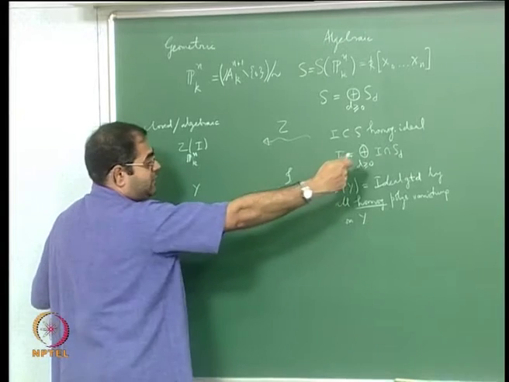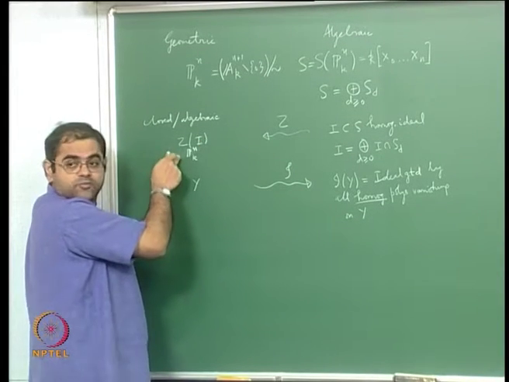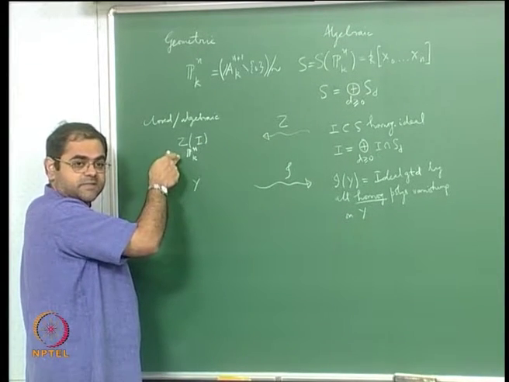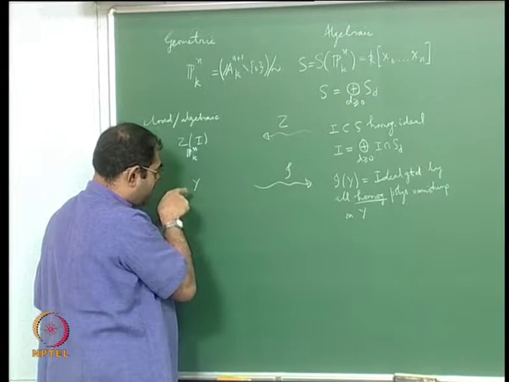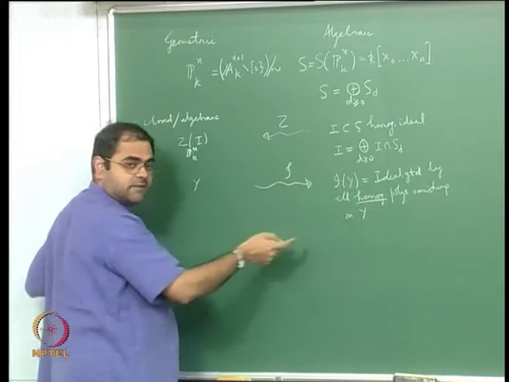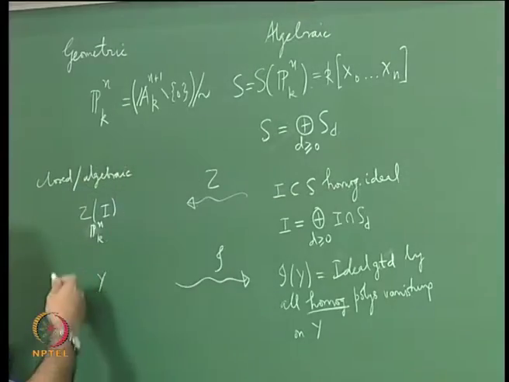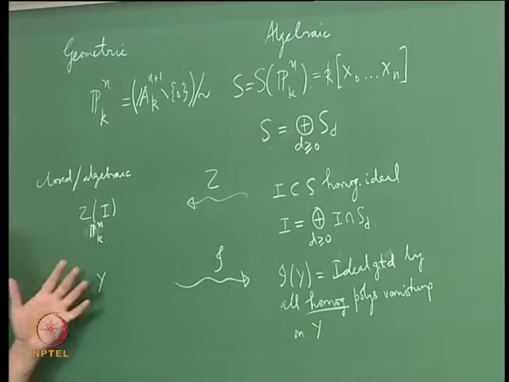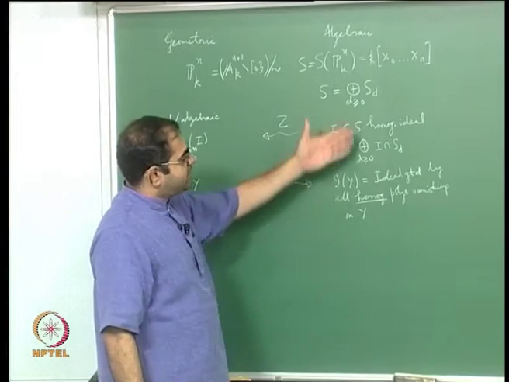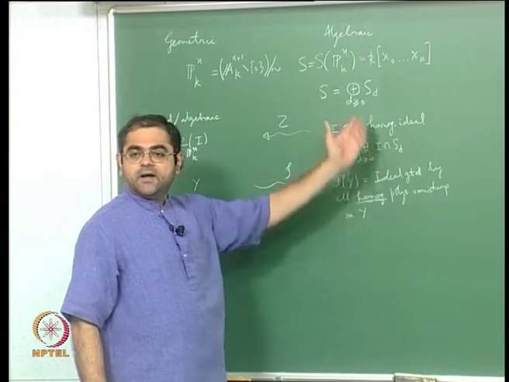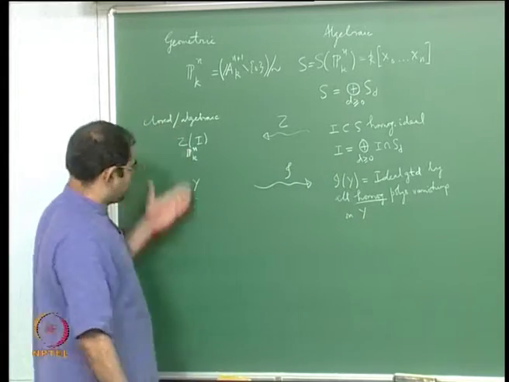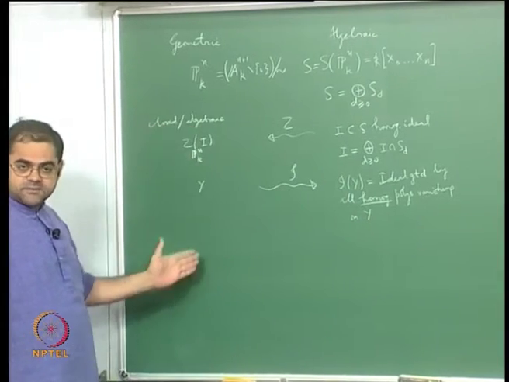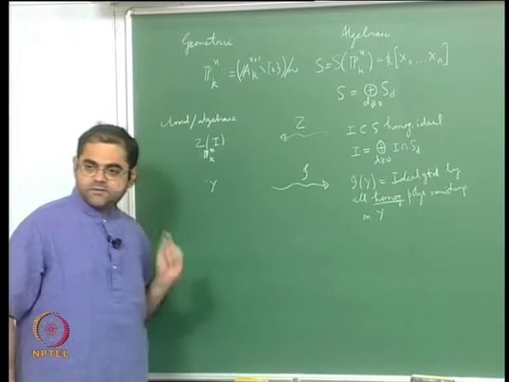This map always gives me something closed, because that's how the Zariski topology is defined, whereas if you give me any subset, this always gives me a homogeneous ideal. So if you want a bijective correspondence, just like the affine case, you will have to restrict here to radical ideals, and on this side you will have to restrict to closed subsets, and then you have a bijective correspondence.